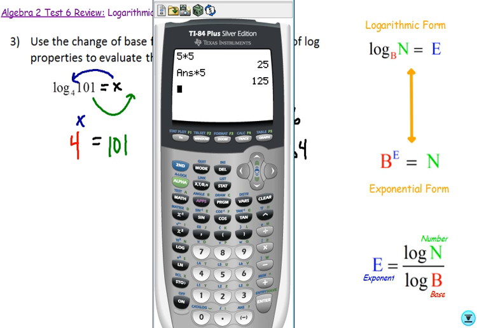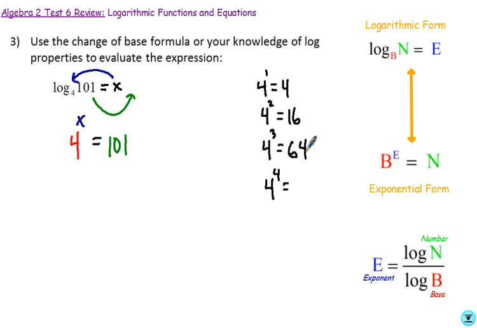If I kept doing 4 times 4, there's 16, times another 4 is 64, times another 4 would be 256. So 4 to the fourth power equals 256. There's not a whole number exponent that stops off at 101. You see that it jumps from 64 to 256 and jumps over 101.